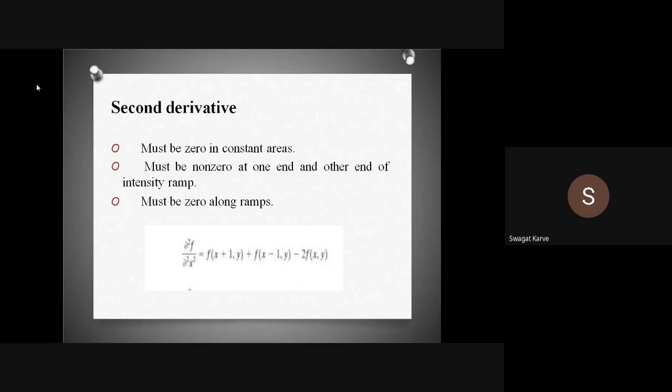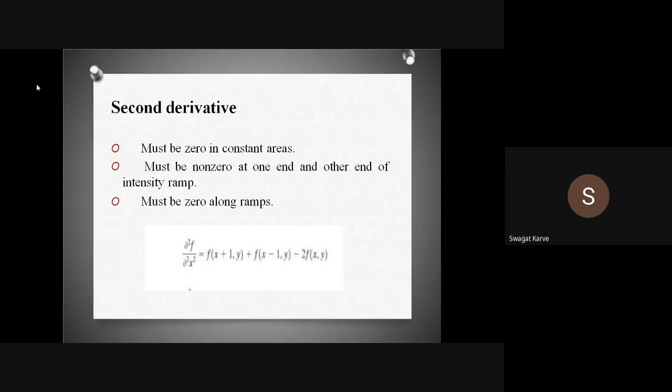So when A is equal to 1, the high boost filter behaves as a high pass filter. But if A, that means the original image coefficient, is greater than 1, then it behaves as a high boost filter or unsharp masking. So the high boost filtering is actually a slightly modified version of the high pass filtering.